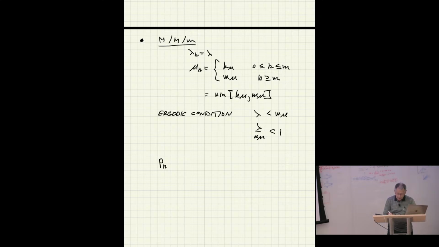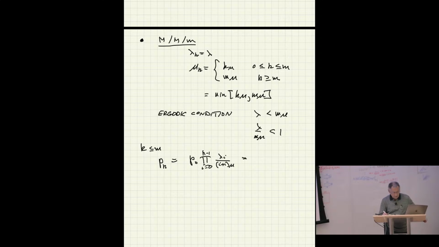Let's write pk, and let's break it into two cases. Now, first case is going to be k less than or equal to m. And by the way, this particular model is an important one, this MMm case. So the first case is pk is going to be p0 product i equals 0 to k minus 1 of lambda over mu i plus 1. And for k less than or equal to m, what is mu i plus 1? It's i plus 1 times mu.